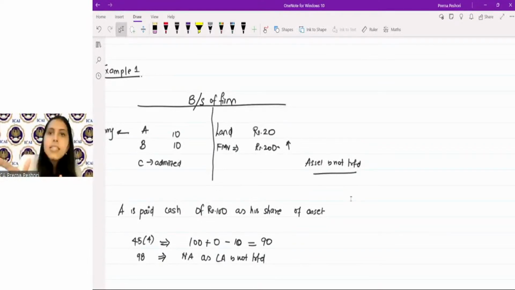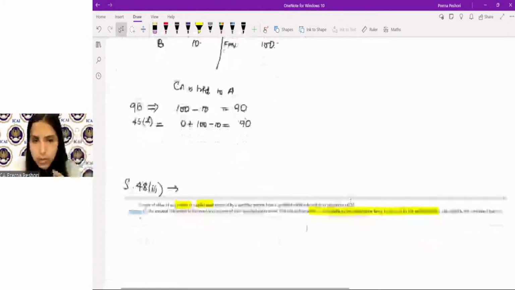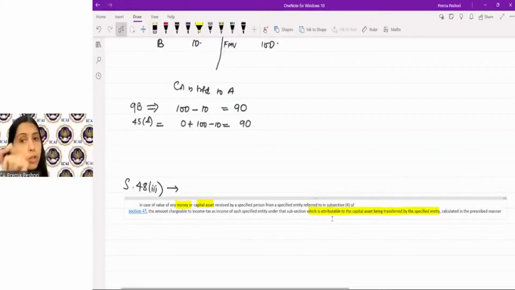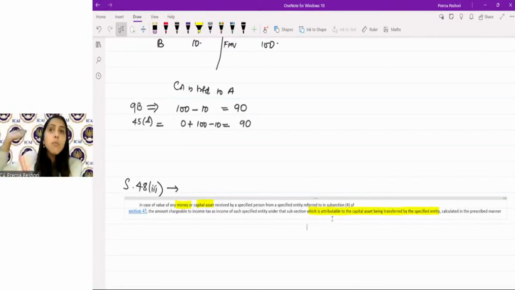when you will sell the land later, the amount charged under 45.4, now you will understand. In case of value of any money or capital asset received by the partner from the firm, referred to in 45.4, the amount chargeable to income tax as the income of the firm, which is attributable to the capital asset being transferred now. The capital asset earlier was not transferred.